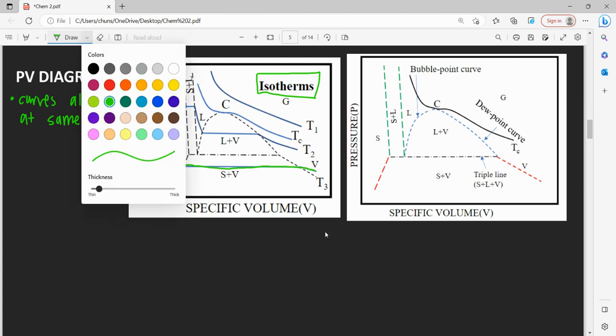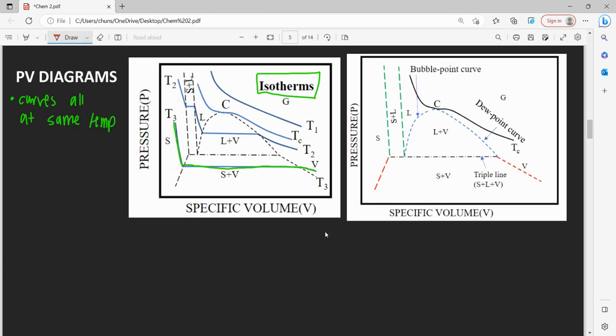To highlight, this line is our triple line, where we have solid, liquid, and vapor present. Above, we have this envelope here, which is going to be liquid plus vapor present.